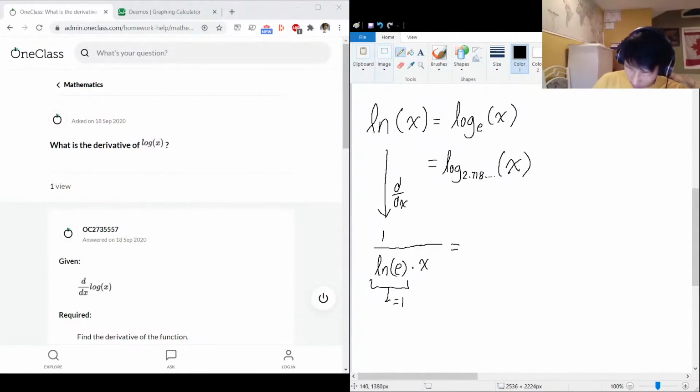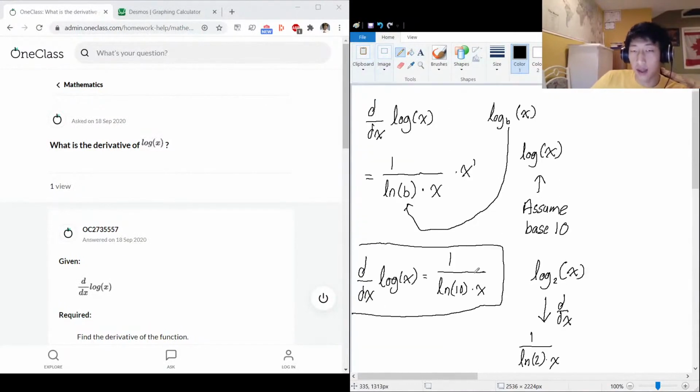So that's equal to 1. So this is just 1 over x, which is why the derivative of natural logarithm is 1 over x, whereas the general rule for taking the derivative of a log, regardless of the base, is 1 over natural log of the base times x on the denominator.